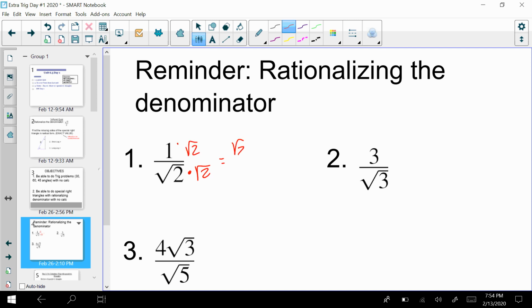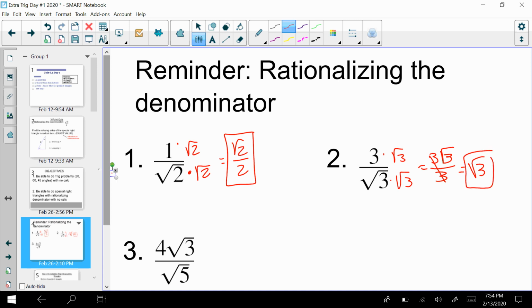So here you should have gotten radical 2 over 2. Here you multiply both top and bottom by the same thing. You get radical 3 over 3, which then 3 divided by 3 is just 1. So this is just going to be radical 3 as our final answer.